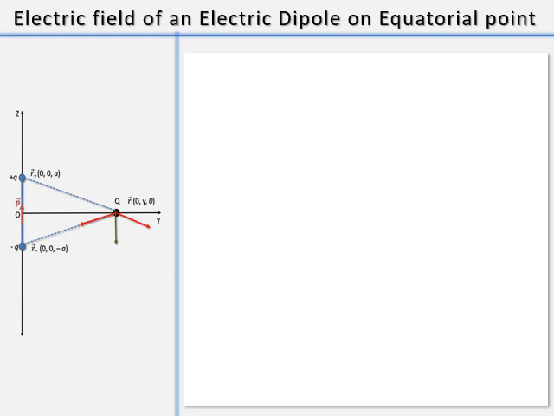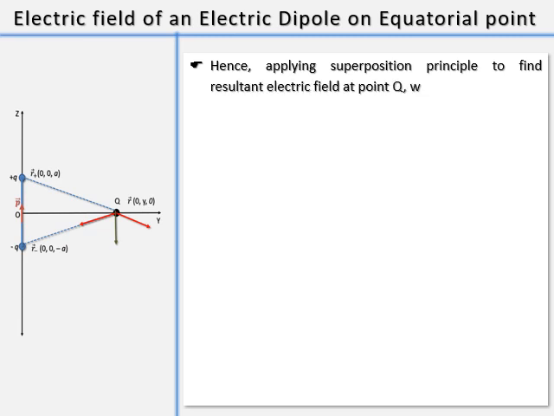So to find the resultant electric field at point Q, we apply the superposition principle, which says that the resultant electric field at point Q is the vector sum of the electric fields due to the individual charges. So E of Q is E positive, which is the electric field due to the positive charge, plus E negative, which is the electric field due to the negative charge.